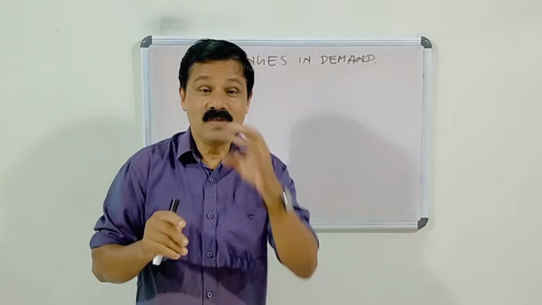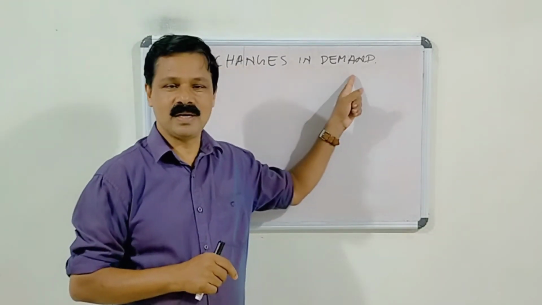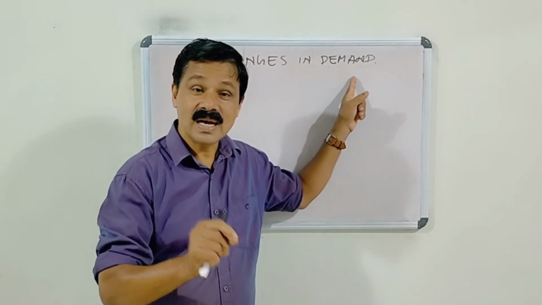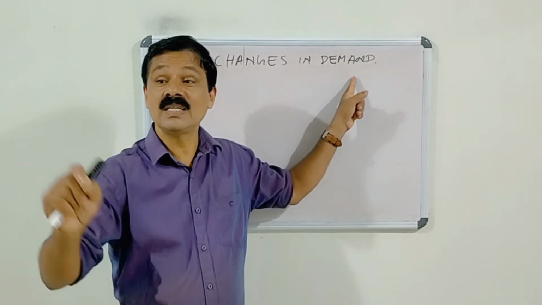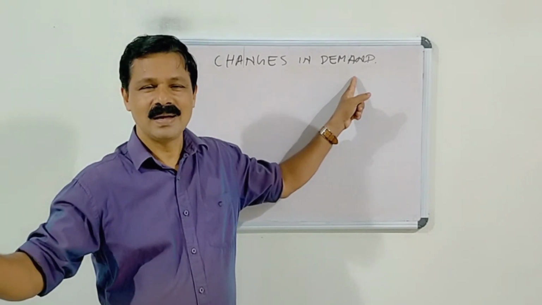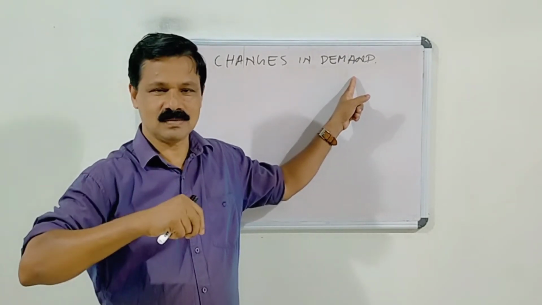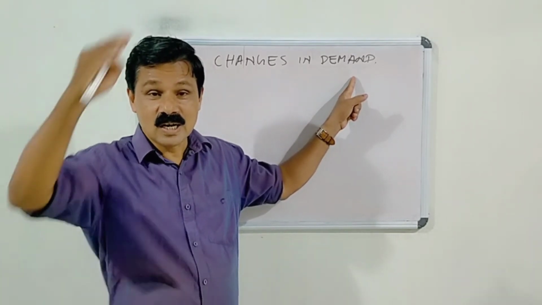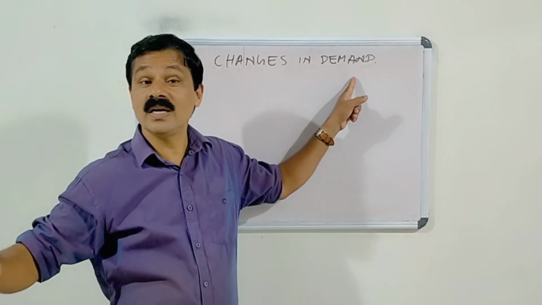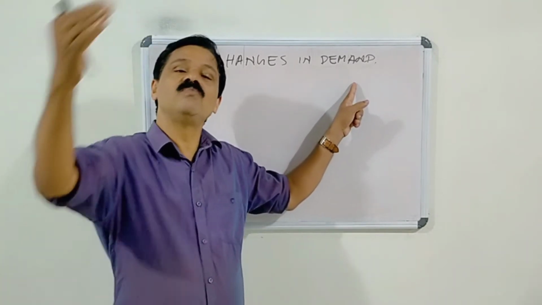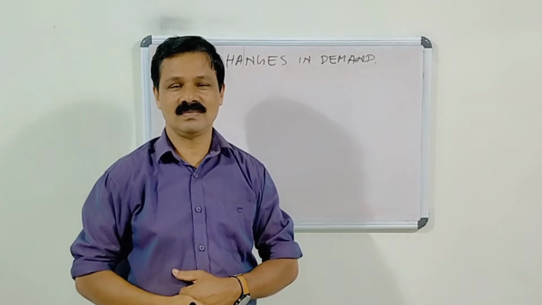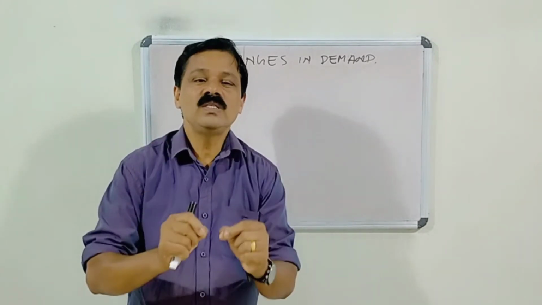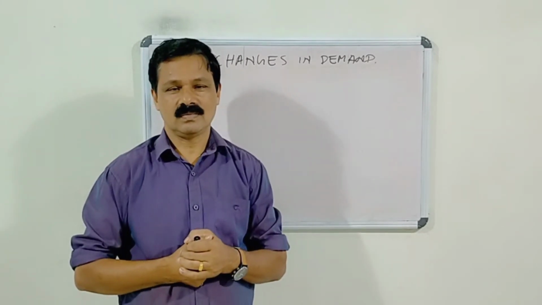We know changes in demand as a result of changes in the price of the commodity may be of two types: downward movement along the demand curve and upward movement along the demand curve. That is what is called movement along the demand curve.